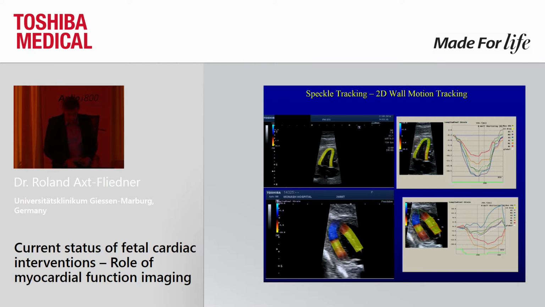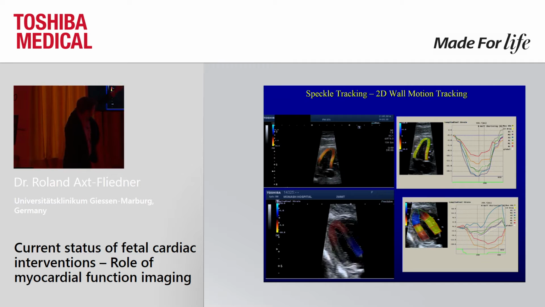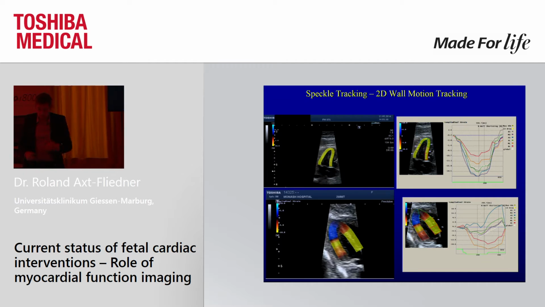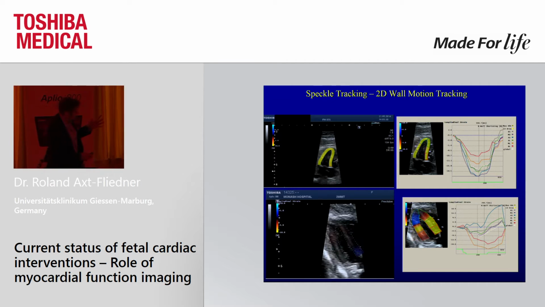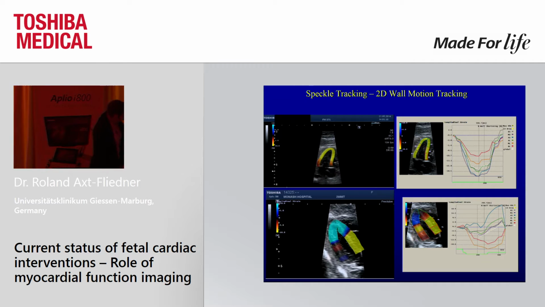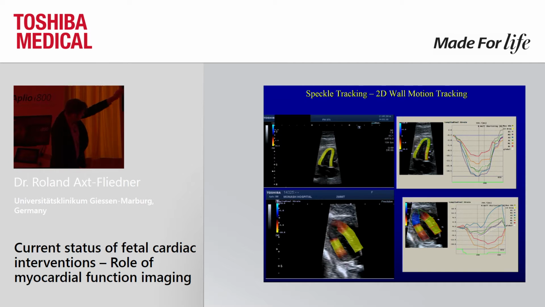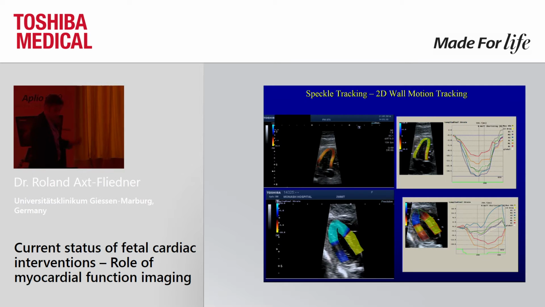And this is one of the interesting cases, and I think that Christian has shown it to you yesterday. There is a normal speckle tracking feature of the left ventricle with a nice longitudinal strain from the base to the apex, which is the figure you would expect from the left ventricle.